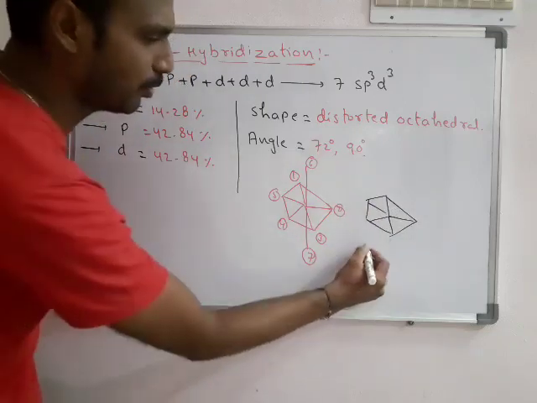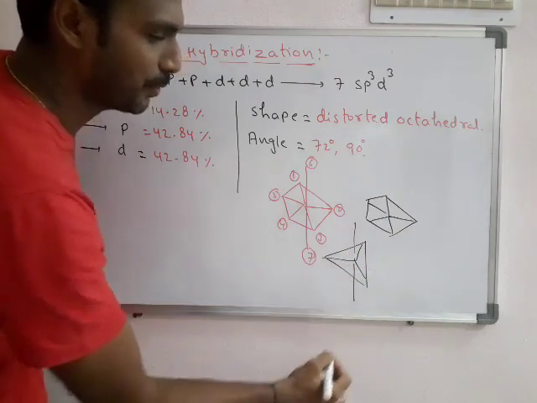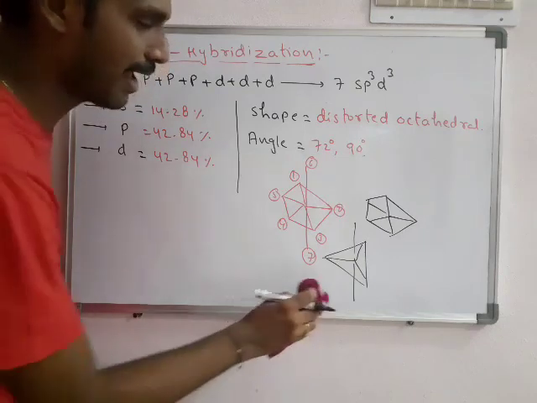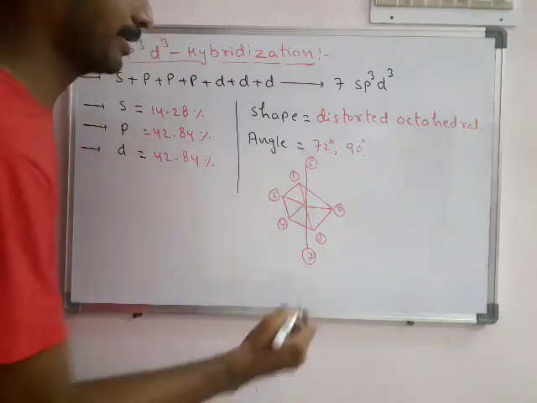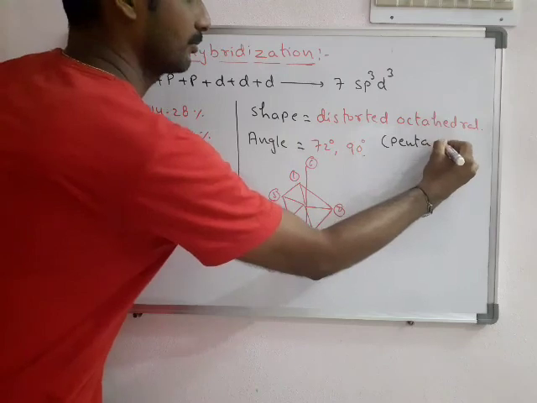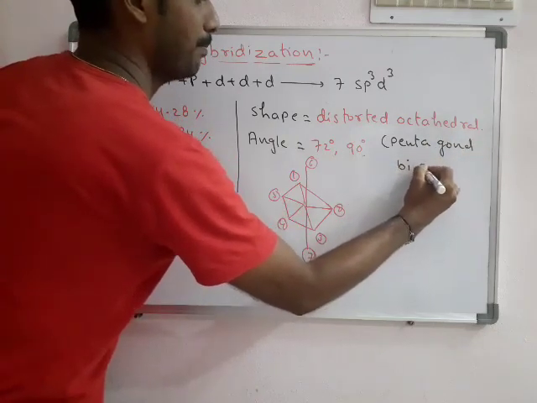When there are 3, a triangle with above and below the plane is a triangular bipyramid. Here there are 5, so we treat it as a pentagonal bipyramid. So the shape can be written as a pentagonal bipyramid shape.